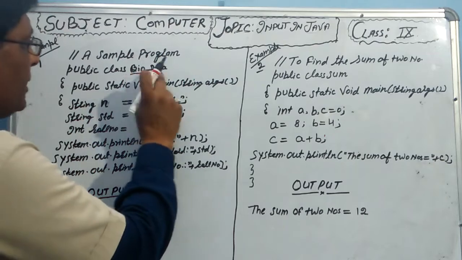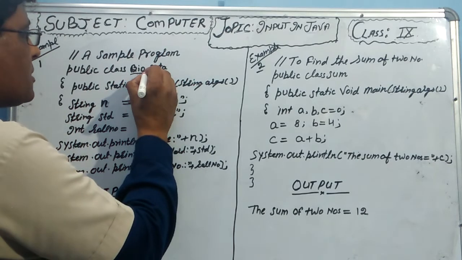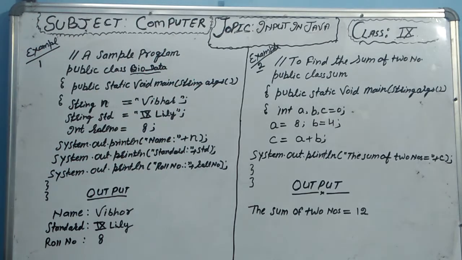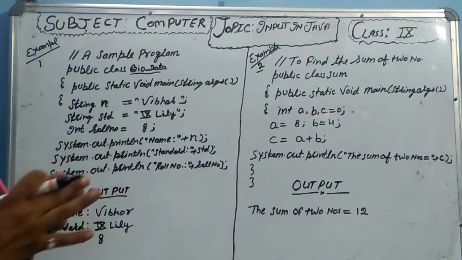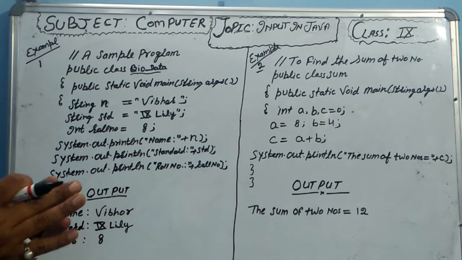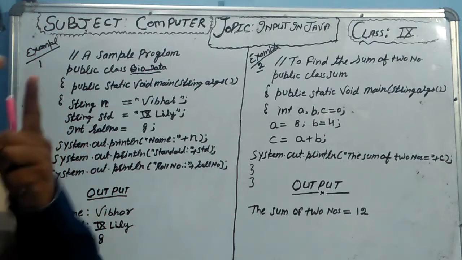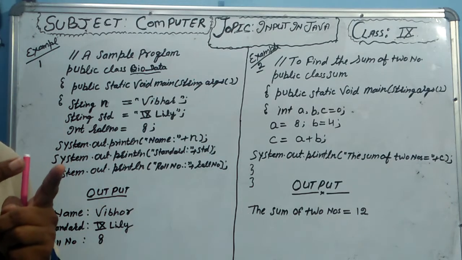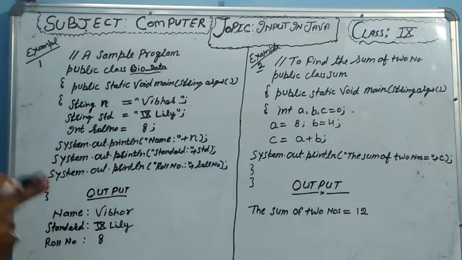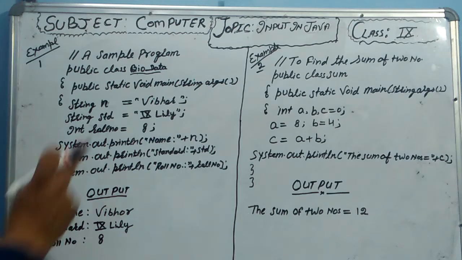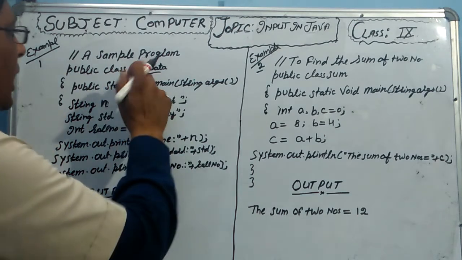Bio and data, in between we give the underscore sign. When your name has two words and needs a space, in programming you will not give a space, you will use the underscore sign.